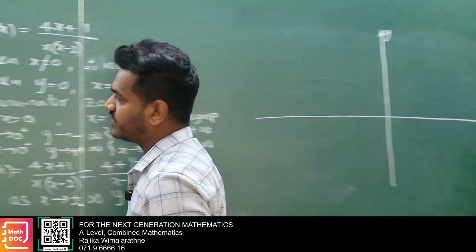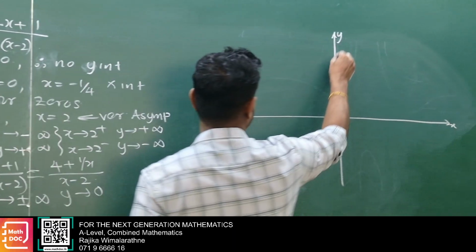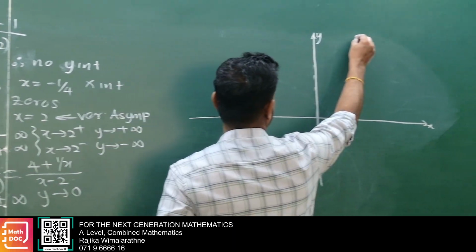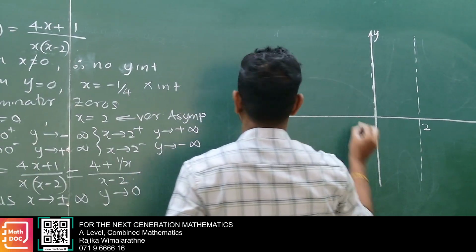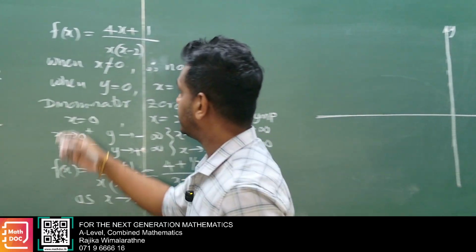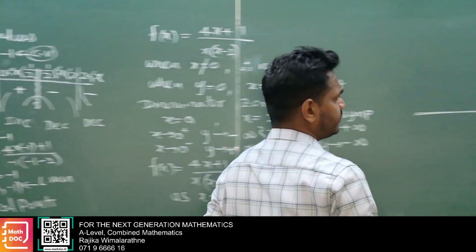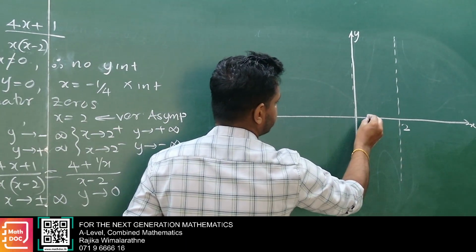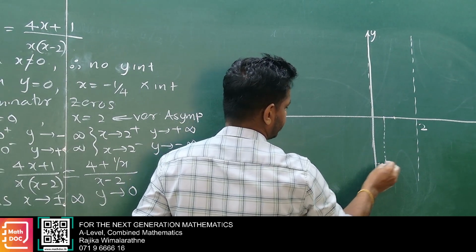Now there are two vertical asymptotes, x equals 0 and x equals 2. Then you take the critical points, half, minus 4. Here 1 is here, half is here. Mark it.